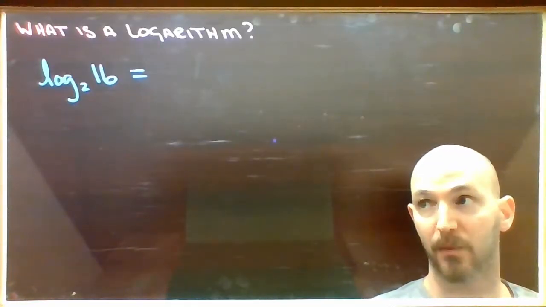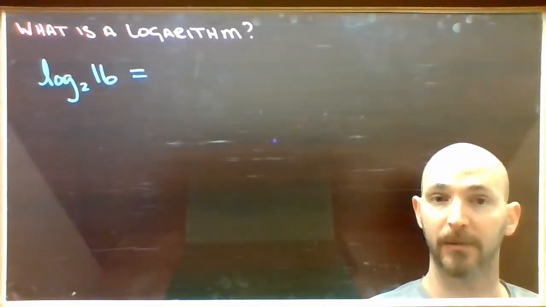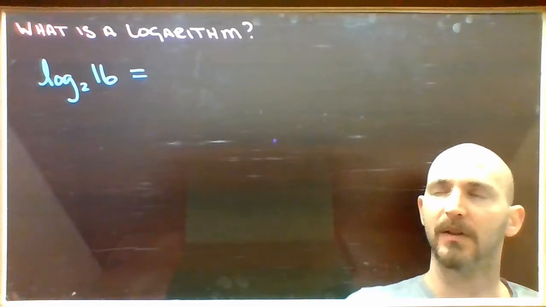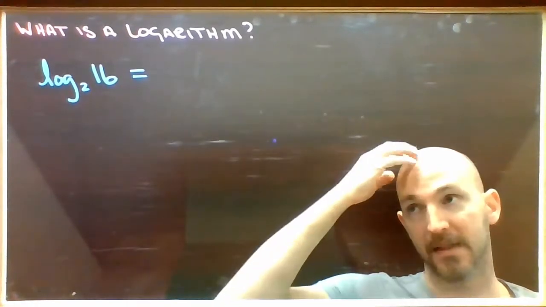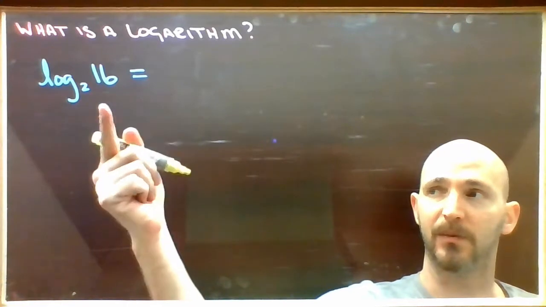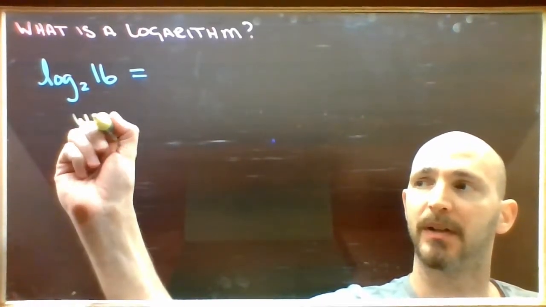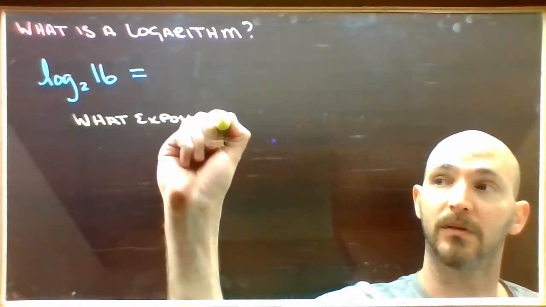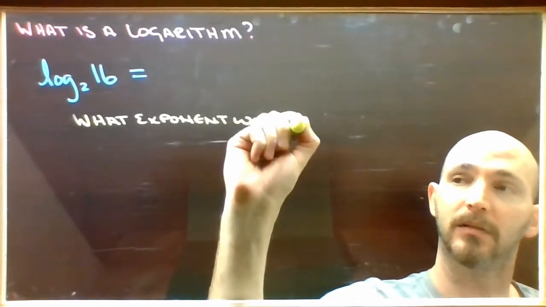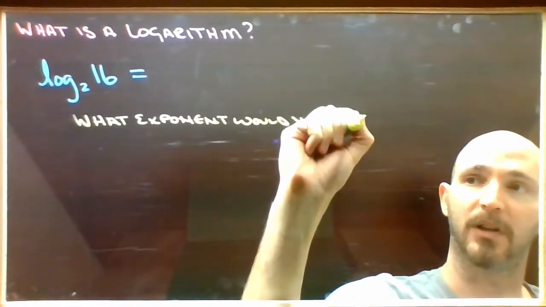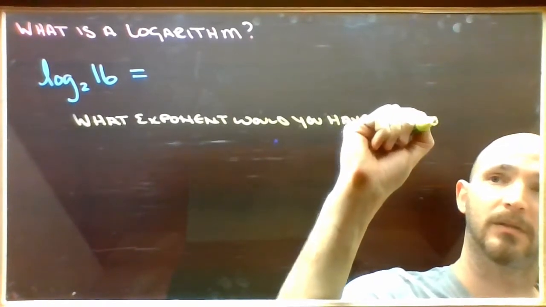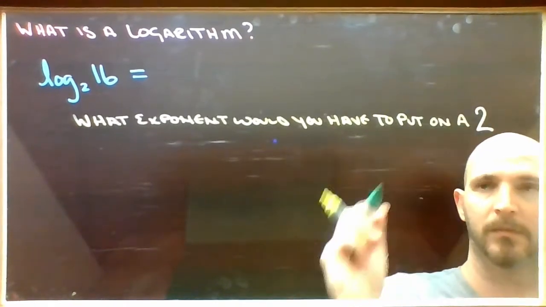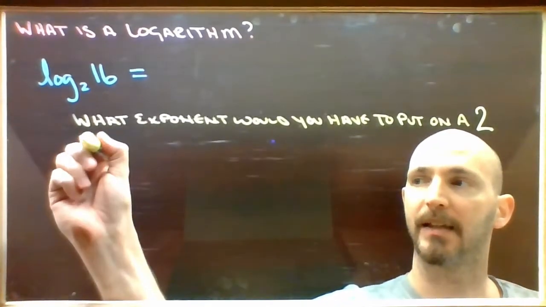So when you are presented with a logarithm acting on a number, it's important to figure out exactly what this is asking you. Because the logarithm undoes exponentials, what this is asking you is, what exponent would you have to put on a 2 in order to get 16?